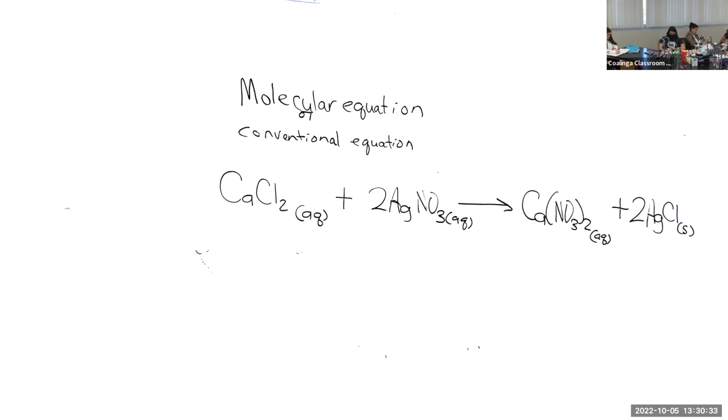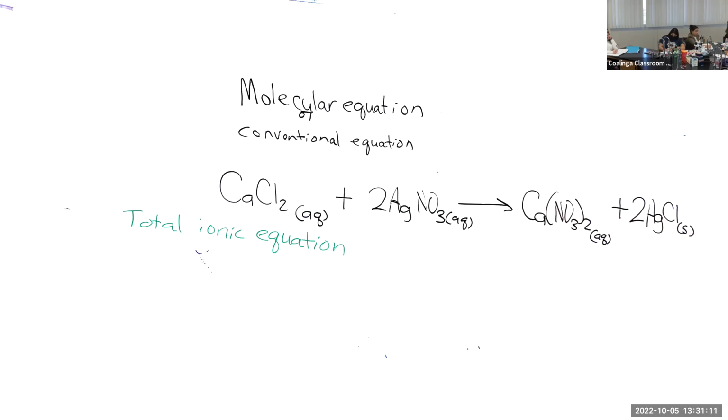Okay? Now that we know that it's balanced, I'm going to show you what really happens. So this is going to be called the total ionic equation. So we know that if things are aqueous, they're gonna be dissolved.